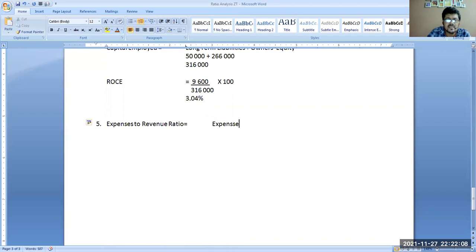Expenses divided by net sales, multiplied by 100. All profitability ratios we don't calculate as a ratio, but we always answer in percentage. So this is the formula, expenses to revenue.